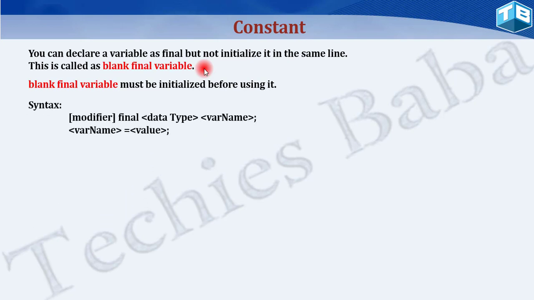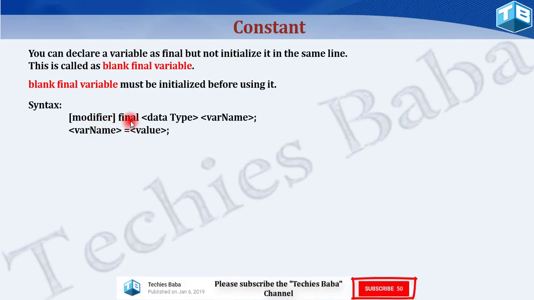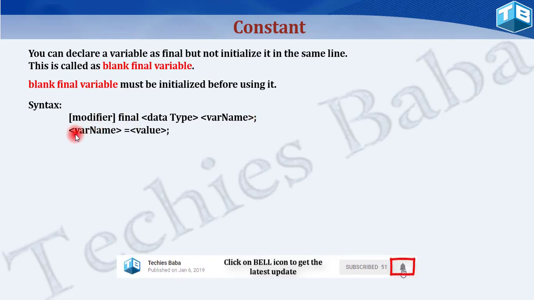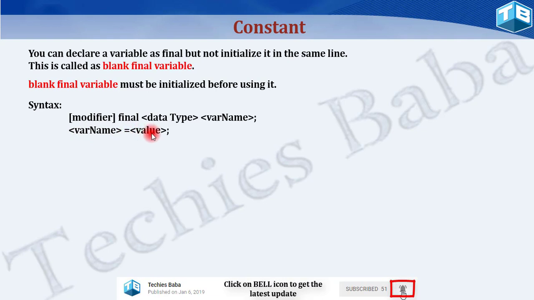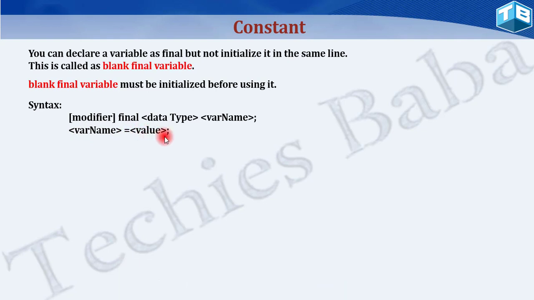The syntax for a blank final variable is: we are using some modifier, any modifier we can use, we will see about that later. Final is mandatory, and then the data type and variable name. This is how you declare the variable. And then how you initialize it: variable name equal to the value. That is only once. You cannot assign more than once.